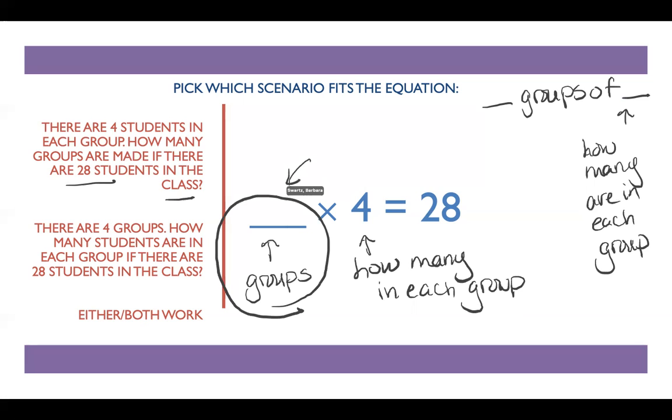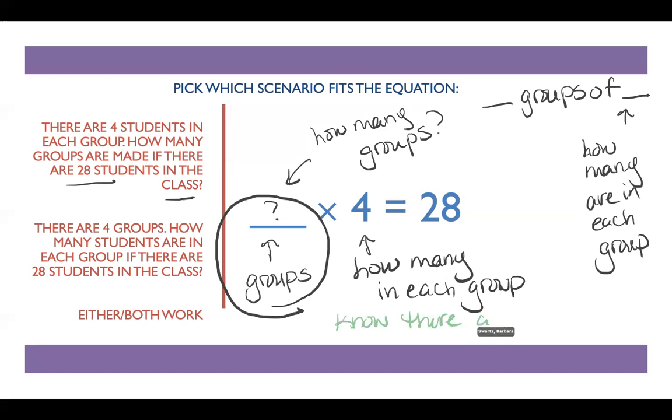So the question is, how many groups? We don't know. This is our blank, our question mark. We know that there are four in each group, according to this equation.